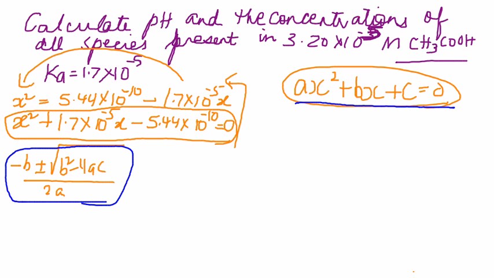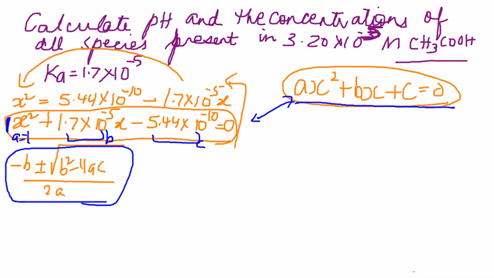And what I'm going to have now is 1 times x squared, so the value of a is 1, plus bx, that means this number is b, plus c, that means this number is c. So I'm comparing the two equations and I got my values of a, b, and c.